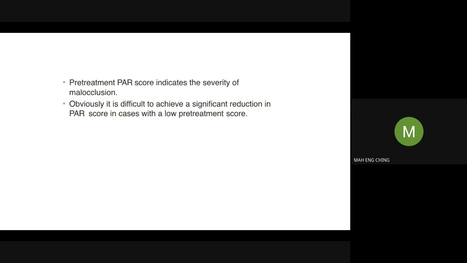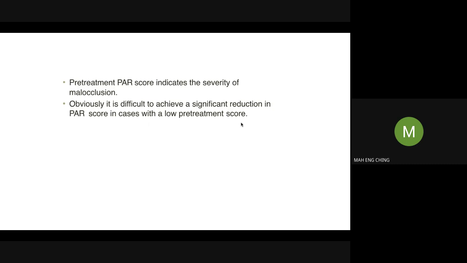So the PAR score indicates the severity of the malocclusion, and it is cumulative. Every feature of the malocclusion will score something. Then you add up all the scores and sum them up to come up with the figure. So obviously, it's difficult to achieve a significant reduction in PAR score in cases with a low pre-treatment score.